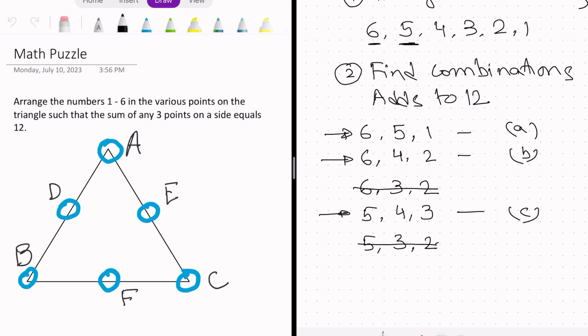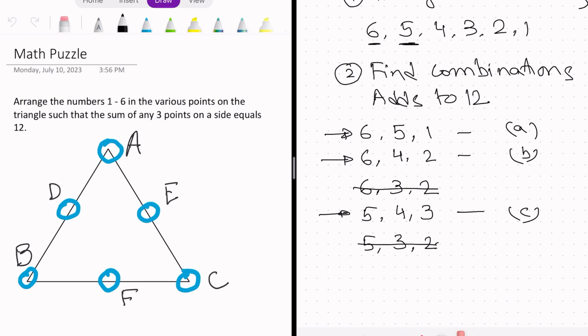Now we got to find the ones that connect these lines together. We know that 6, 5, and 1, 6, 4, and 2, and 5, 4, and 3, these combinations all lie on one of the three lines, AB, BC, and CA.